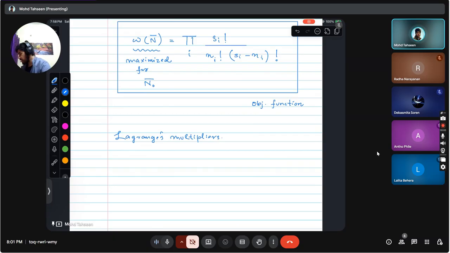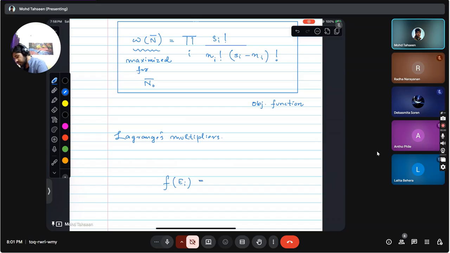Now I don't have time to go into the detail. Basically you differentiate with respect to each coordinate of this n bar vector and set that equal to 0. There will be some constants which have to be evaluated.